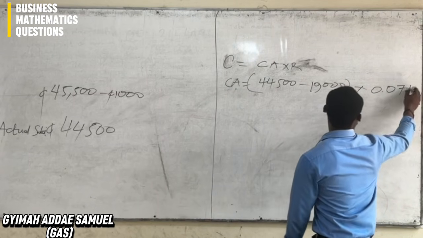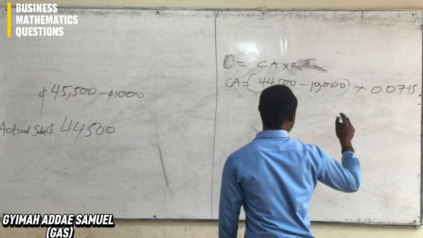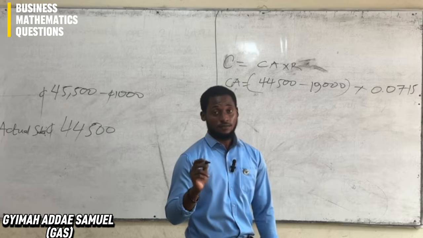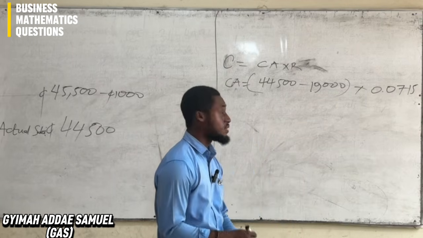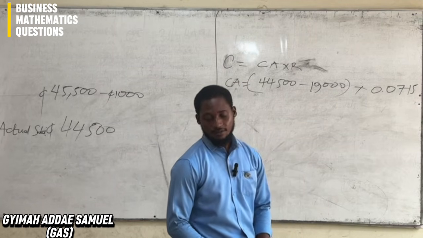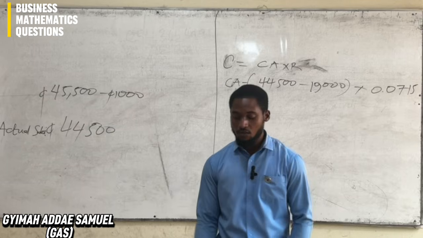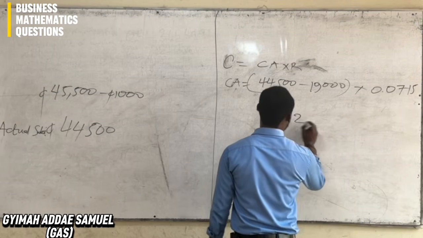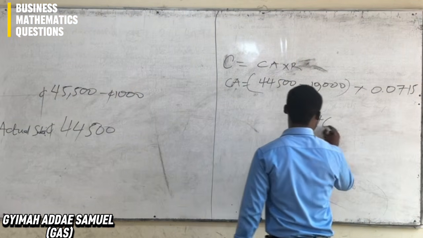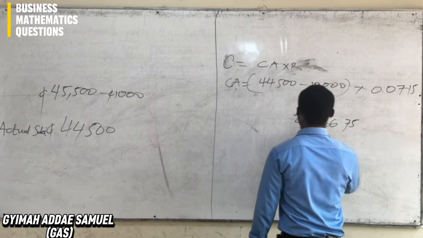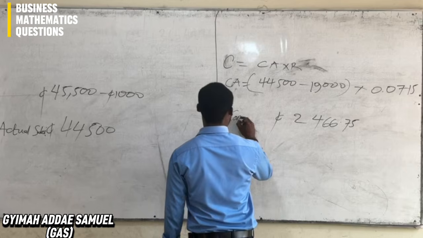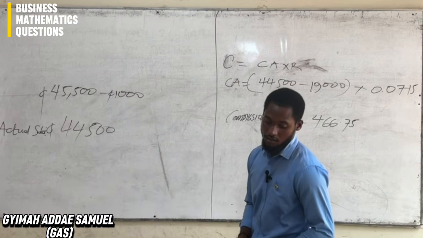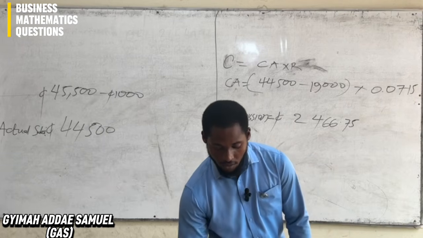The rate is 7.15%, so when you change it to decimals, you get 0.0715 as rate. And when you do the calculation, you are getting 2,466.75 as our commission.